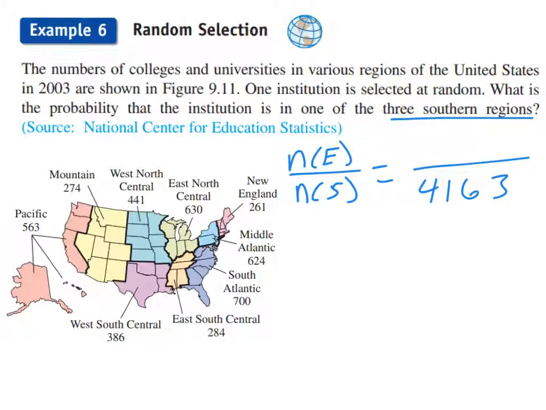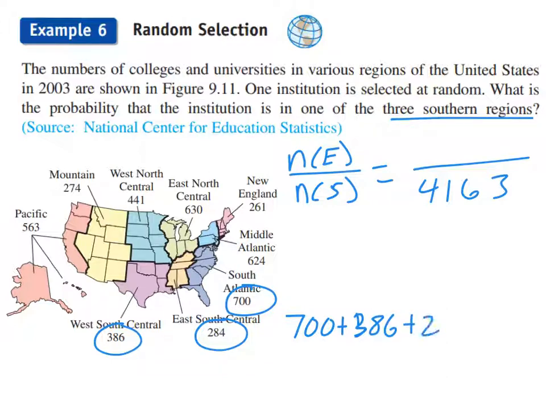How many of those universities are from the South? Well, that would be those, and those. That is 1,370.